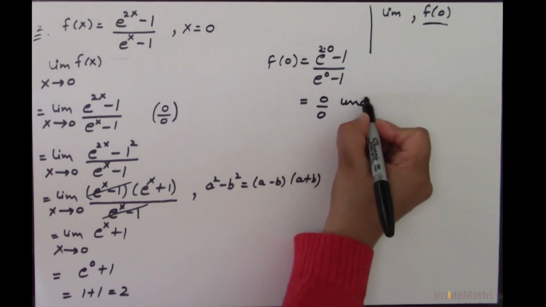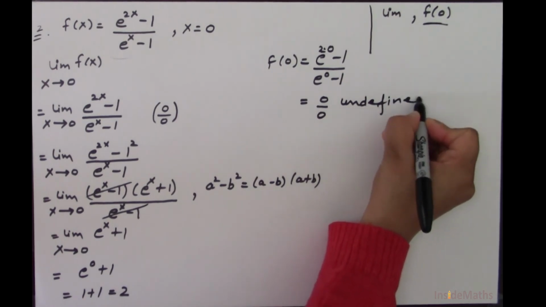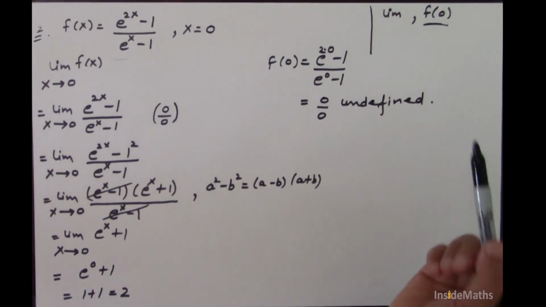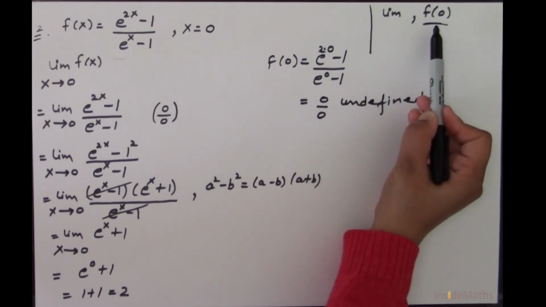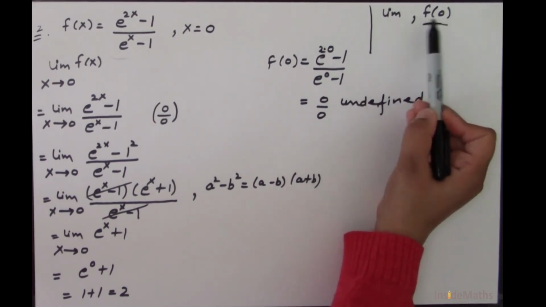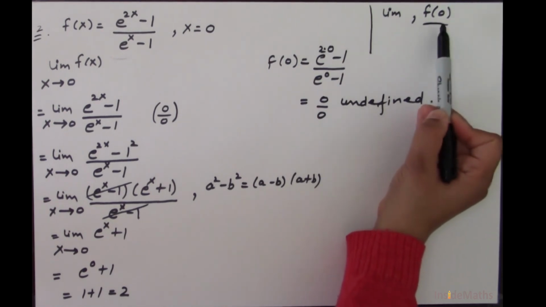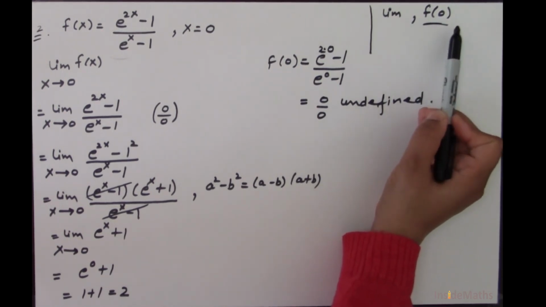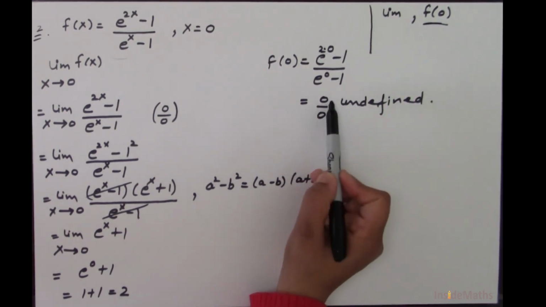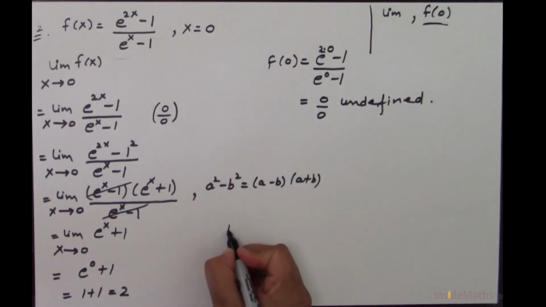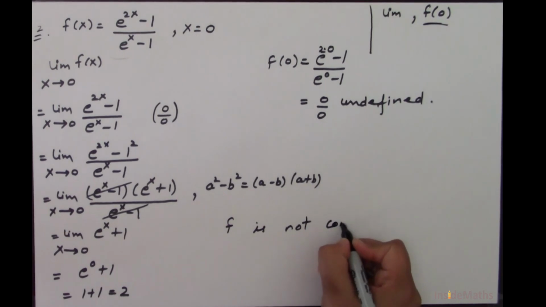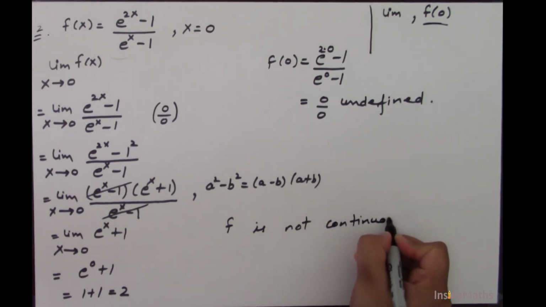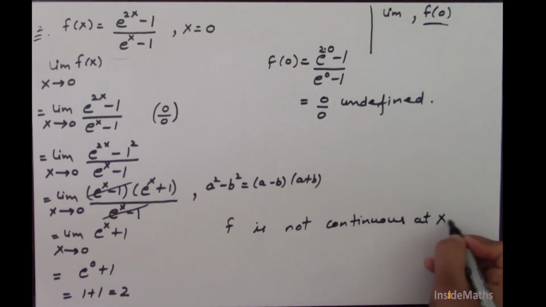That means it's undefined. So for the continuity of a function, both of these conditions must exist and must be equal. But in this case, f of 0 does not exist. That means the given function f is not continuous at the point x equals 0.